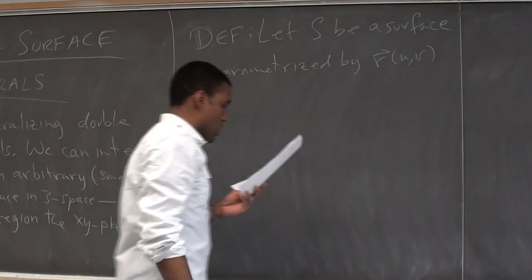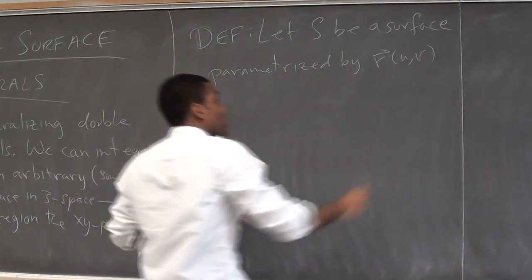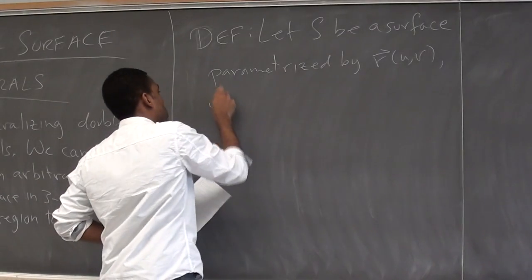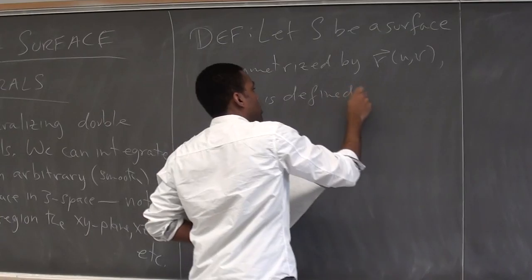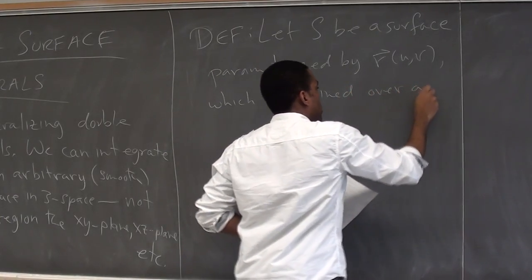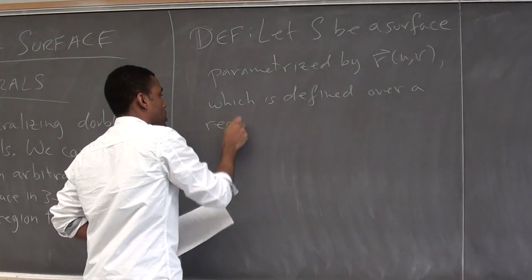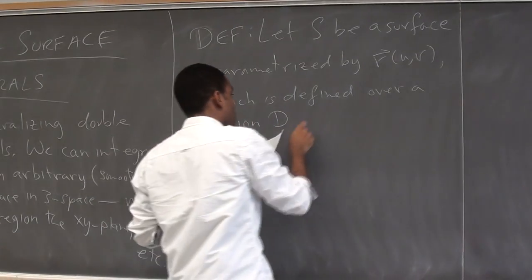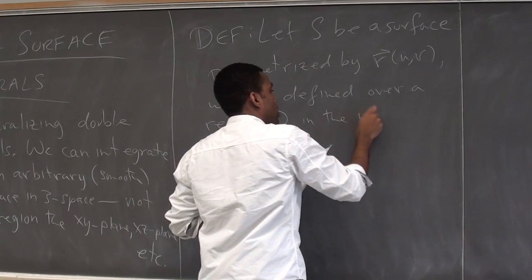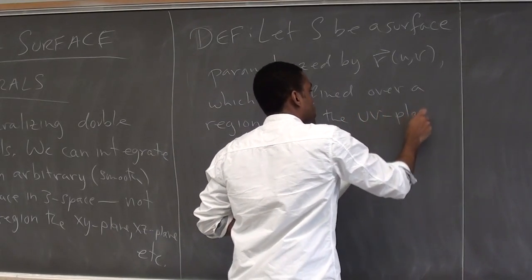So assume we have a parameterization for our surface, defined on some domain D in the UV plane.